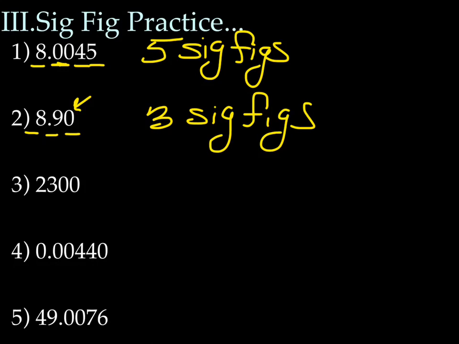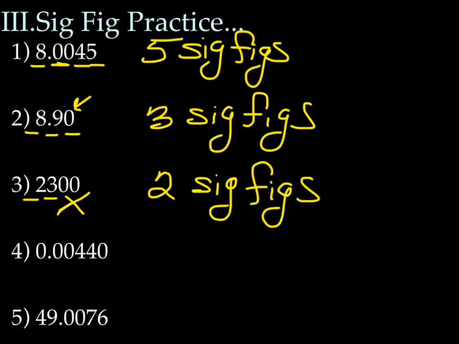Okay. Number 3, the 2 is significant and the 3 is significant. These two zeros here are not significant because they are not between two non-zero digits. They are not before or after a decimal. Okay? So this particular number only has 2 sig figs. Okay, number 4.